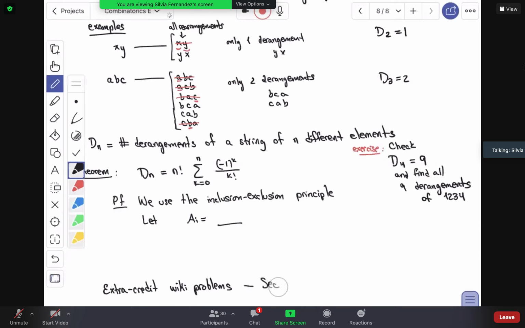All of section E is going to be extra credit. Although, as always, think of these problems as assigned to everyone. You should try them regardless of whether you provide an official solution to the wiki or not.